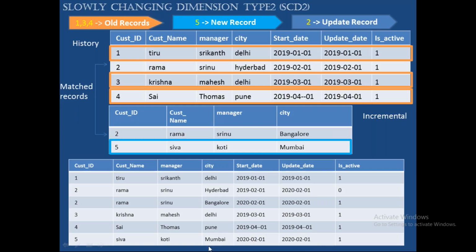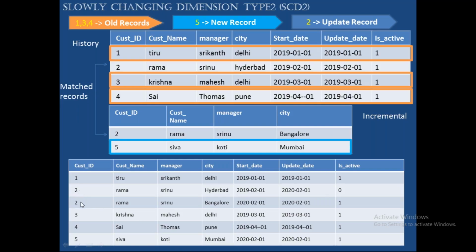So update means when this particular record came here. This start date is when this particular record came into the system. So both happened at once. I received this record from the customer into the system on the same day, and the same record I have updated in the dimension also on the same day. Now this is the fifth record which is inserted into your dimension.